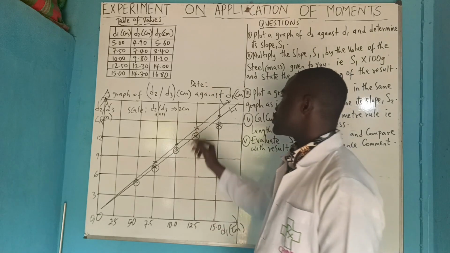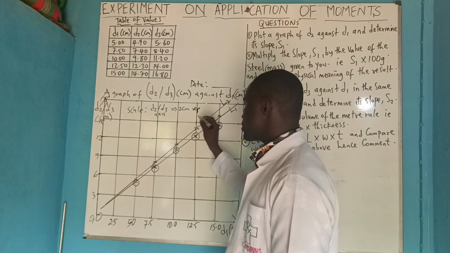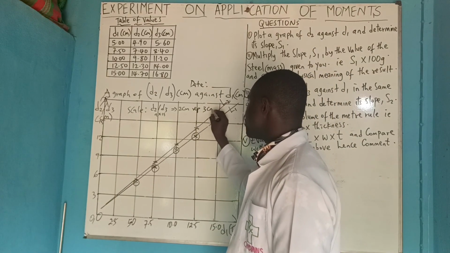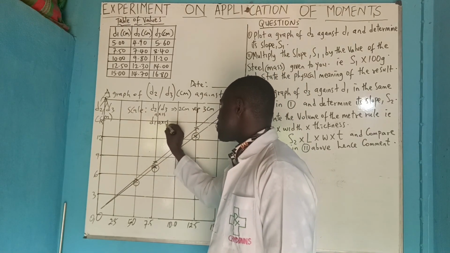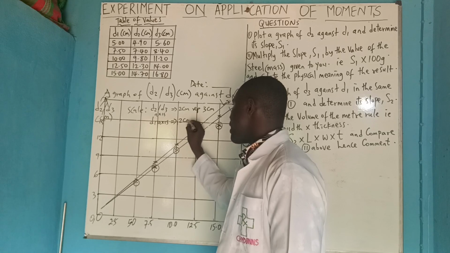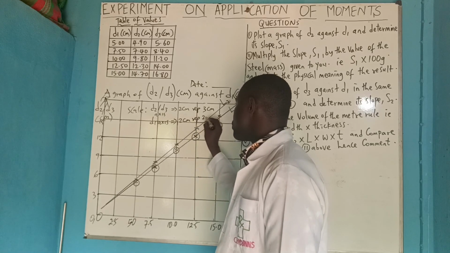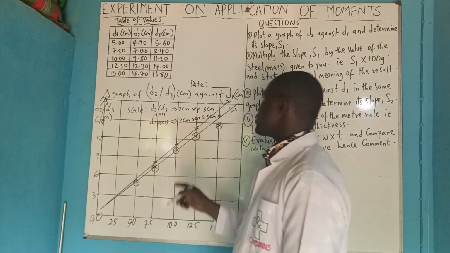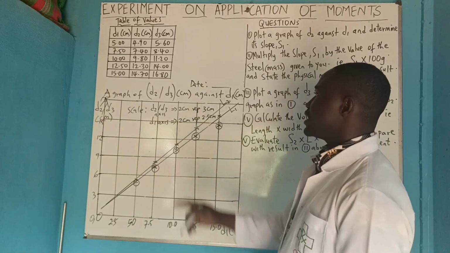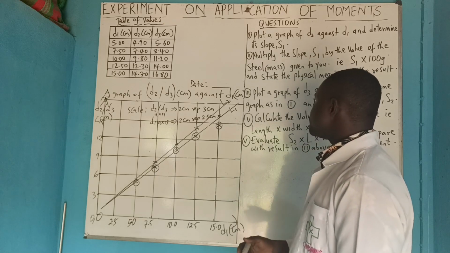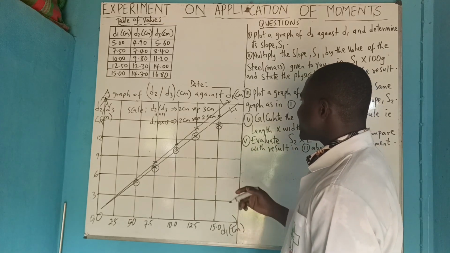The bigger box represents 3 centimeters. Then on the D1 axis, 2 cm represents 2.5 centimeters. So you also indicate your scale.